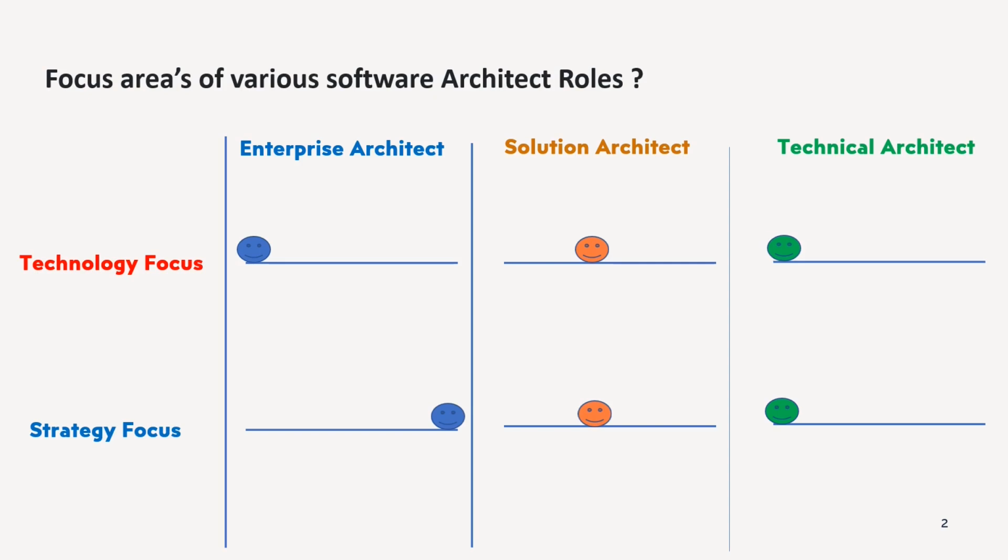Now, third is the technical architects. So, a technical architect, you can understand, is focused on one application or maybe two applications, totally in depth of the technology. Whatever technology it may be, like Java, Python, any UI applications, whatever they are overseeing to get implemented.